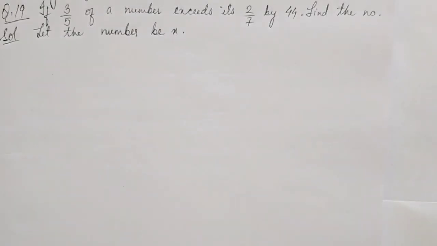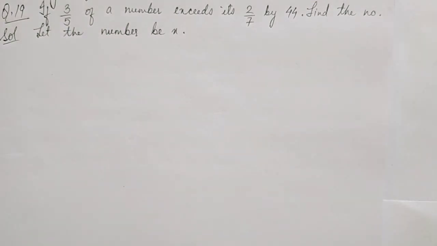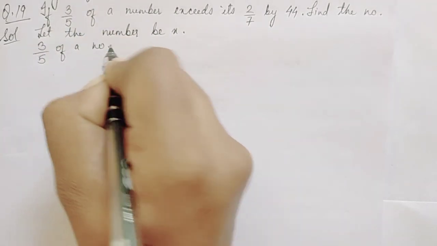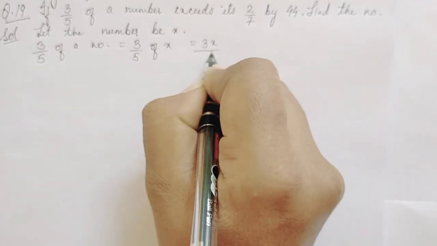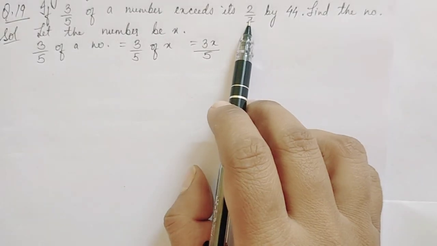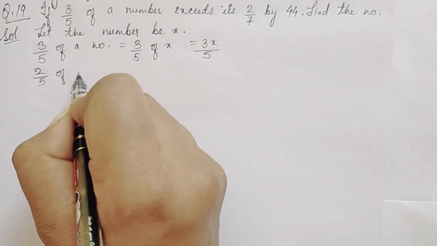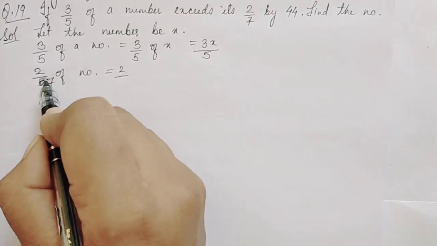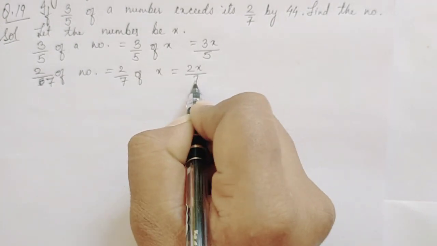Now see the question carefully. 3 by 5 of a number is 3 by 5 of x, that is 3x upon 5. Next, 2 by 7 of the number, that is 2 by 7 of x, that is 2x upon 7.